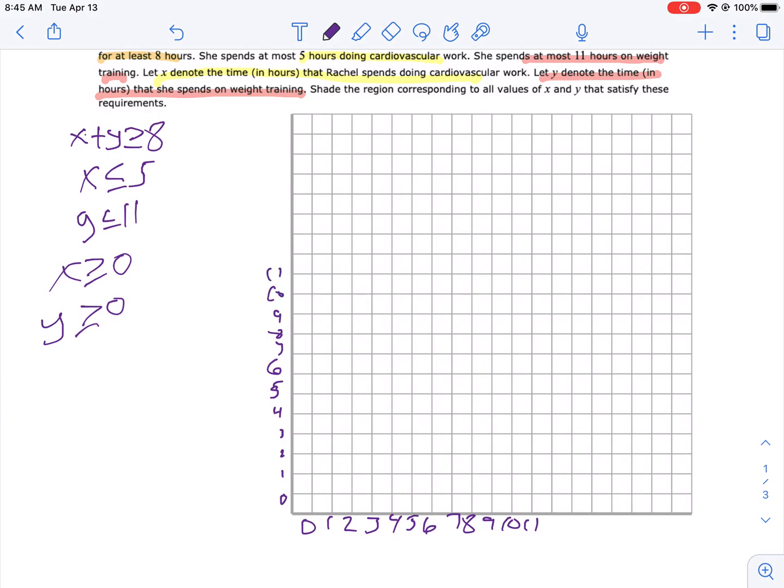We'll graph our first one. X plus Y is greater than or equal to 8. So we know our x-intercept is 8, our y-intercept is 8. My boundary line is going to be a solid line. And I'm going to shade above the line because it's greater than.